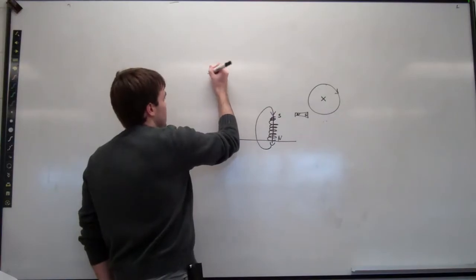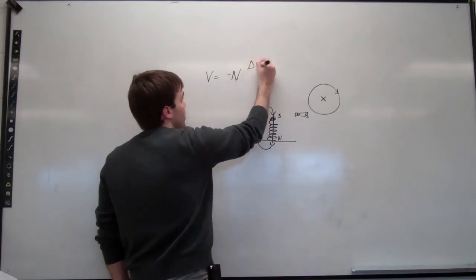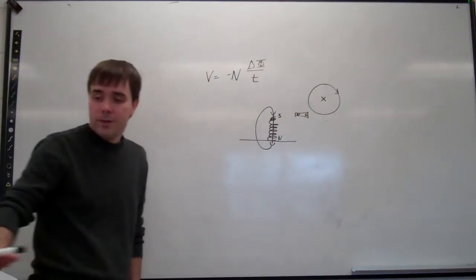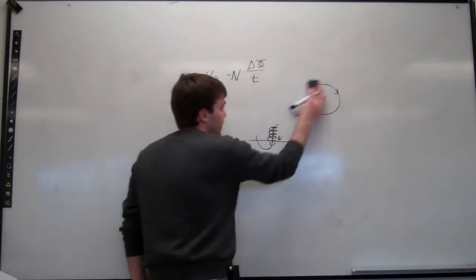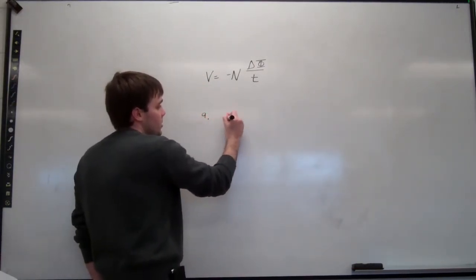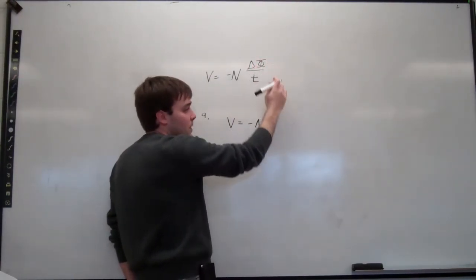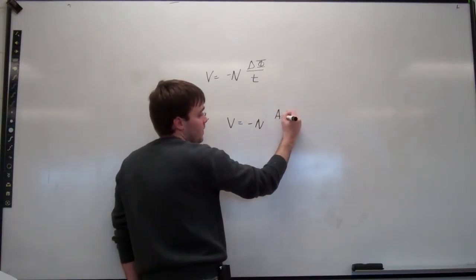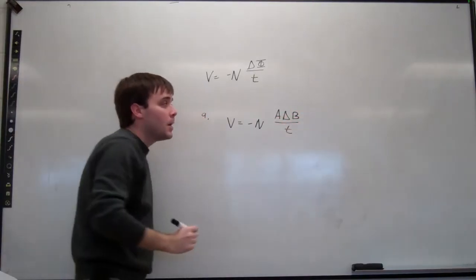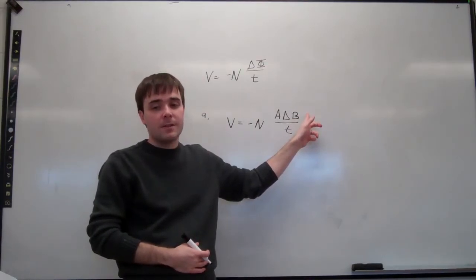For both of those, it's V equals negative N change in flux over change in T. The one thing I do want to point out is that for 9, the equation ends up being V equals negative N A change in B over T. Since flux is A times B, in number 9 the area stays the same and the magnetic field changes over T. And because it just gives us the change in the magnetic field in number 9, does everybody see that?